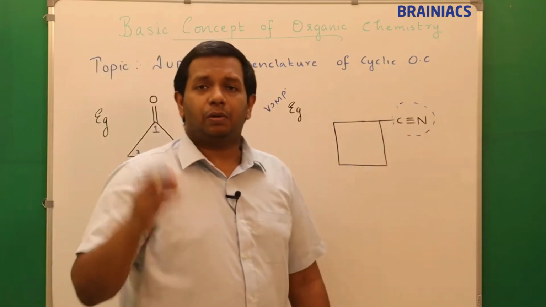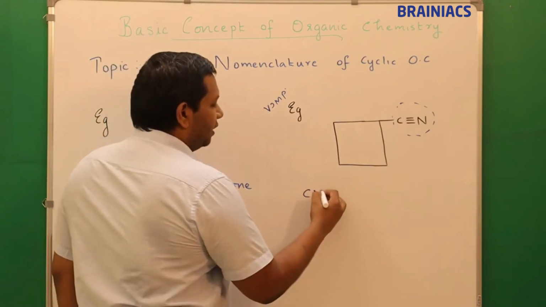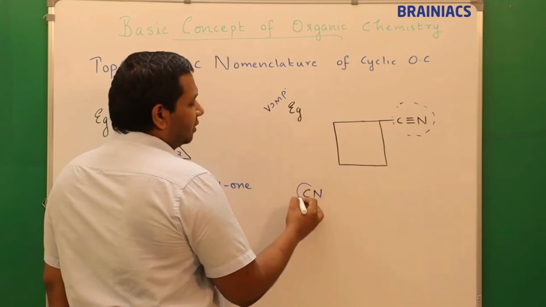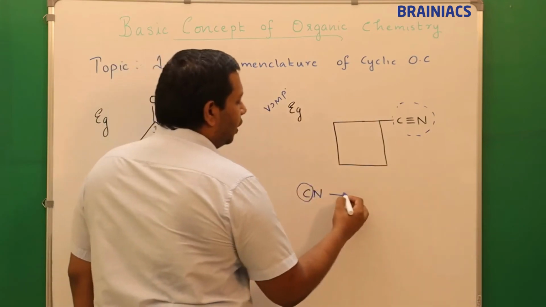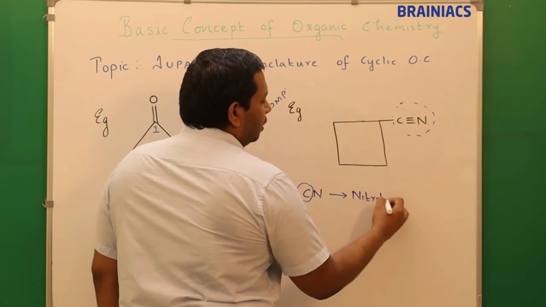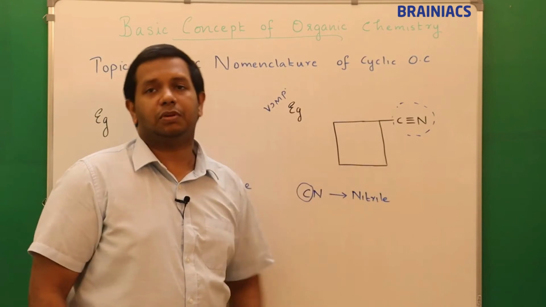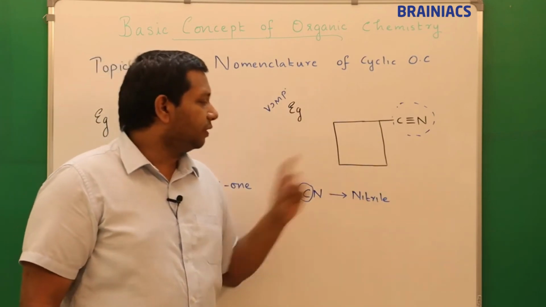If you look at the priority table, they might have shown that if the carbon in cyanide is included in the parent carbon chain, then we use the suffix nitrile.